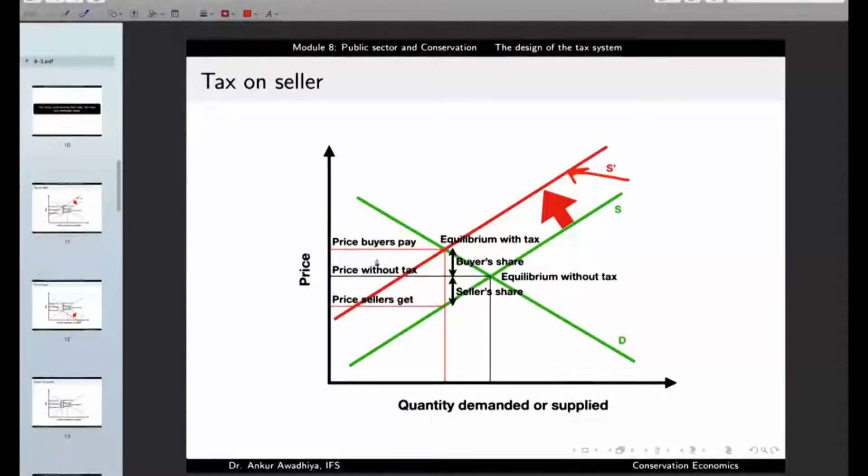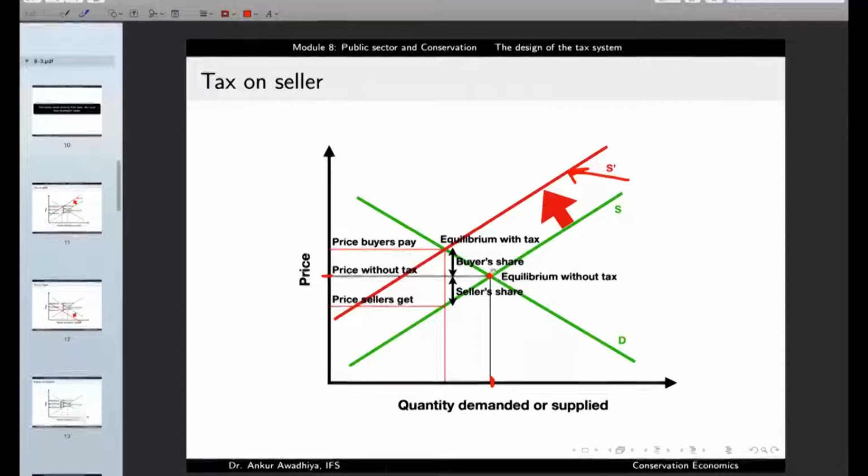Now, even though the government is imposing this tax only on the sellers, what we are observing is that this tax is getting distributed between the buyers and the sellers, which means that earlier we were having this equilibrium. So this was the natural demand and supply equilibrium, which was giving us the price without the tax, and it was giving us the equilibrium quantity that was demanded or supplied by the market.